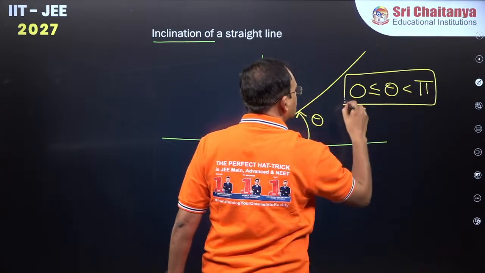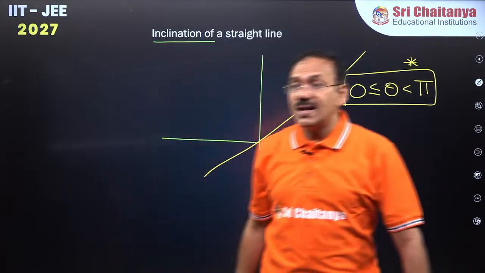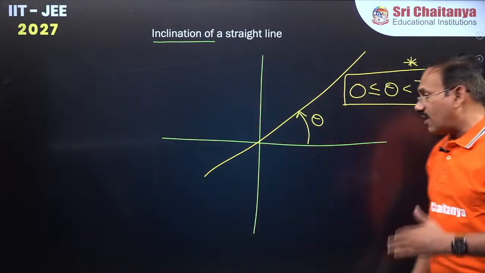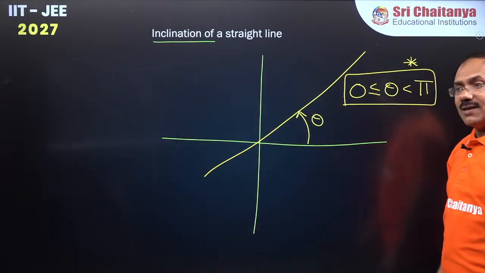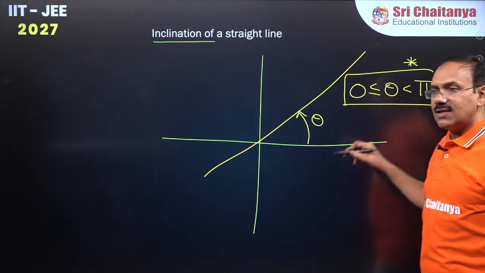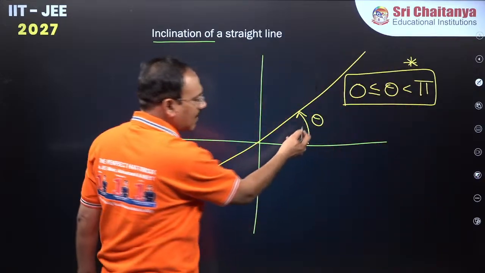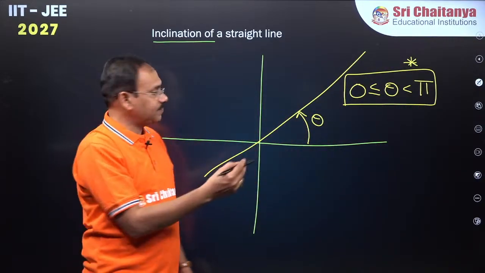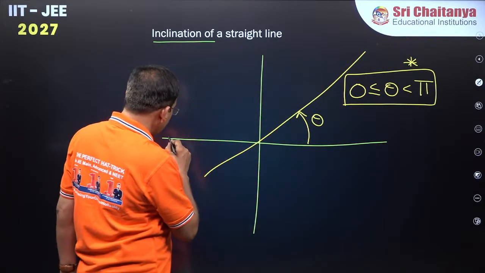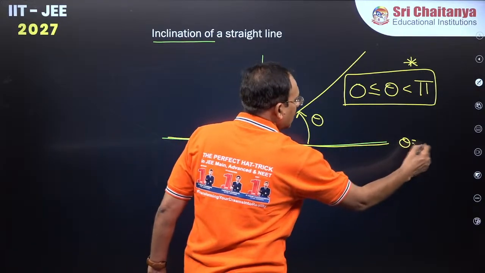Listen to me. This is very important, guys. What do you mean by inclination? Inclination of a line is nothing but the angle made by the line with the x-axis in the anti-clockwise direction. For example, this is making some acute angle. Inclination of the x-axis itself, theta is 0.